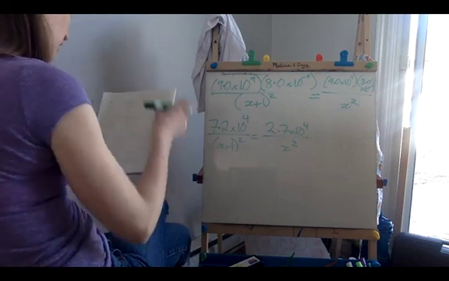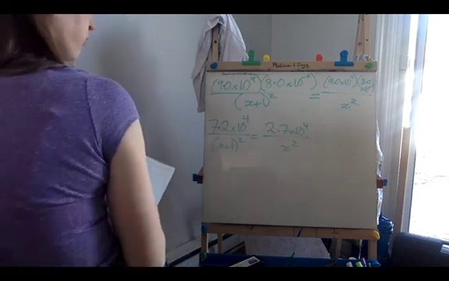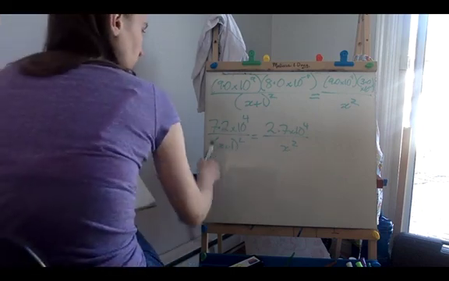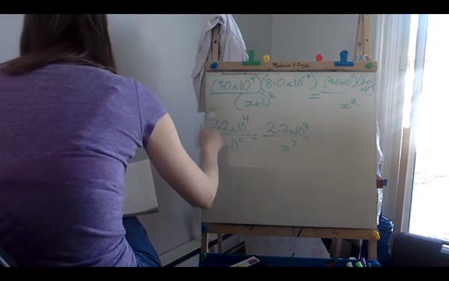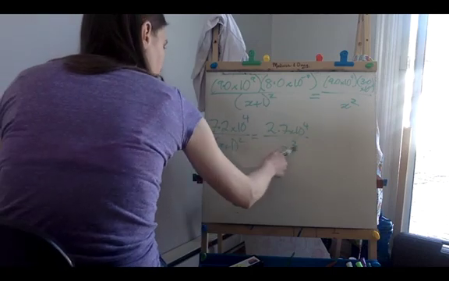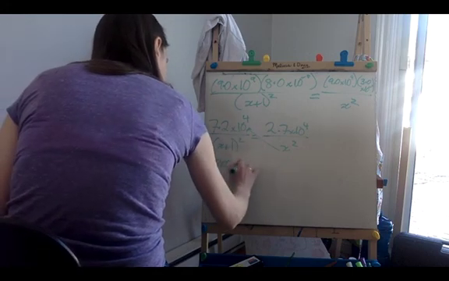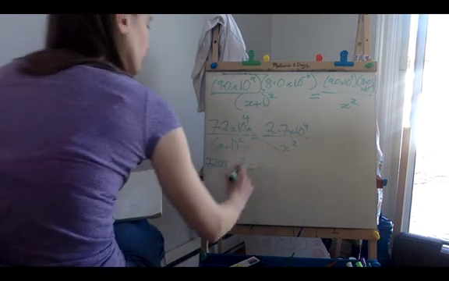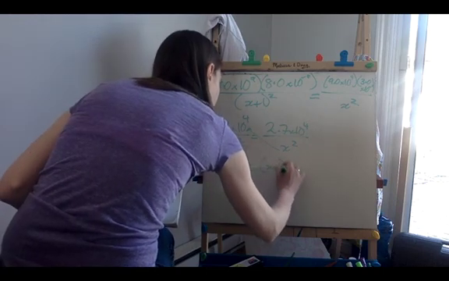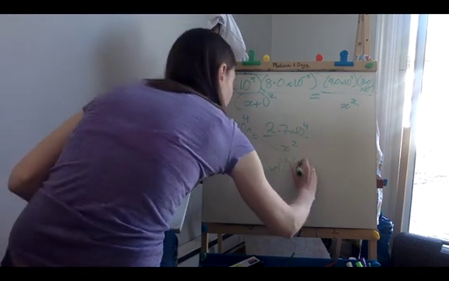Cross multiply here, and I'm actually just going to get rid of the scientific notation to make it easier. So this is just 72,000, and this is 27,000. So when I multiply that by that, I get 72,000 times x squared, and that's equal to x plus 1 squared times 27,000.